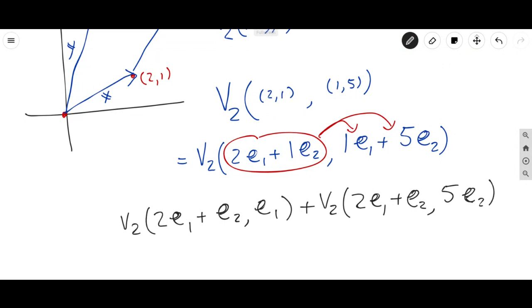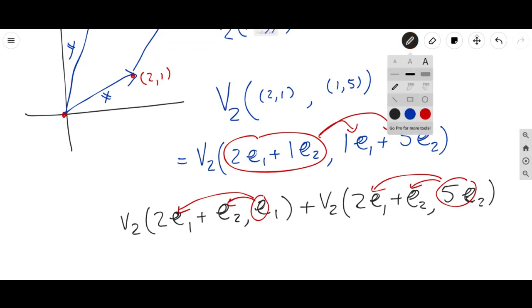Okay, what do we do next? You distribute again. Now you distribute the other way. You can distribute this on each piece. Just distribute that in, so you use the distributive property again.